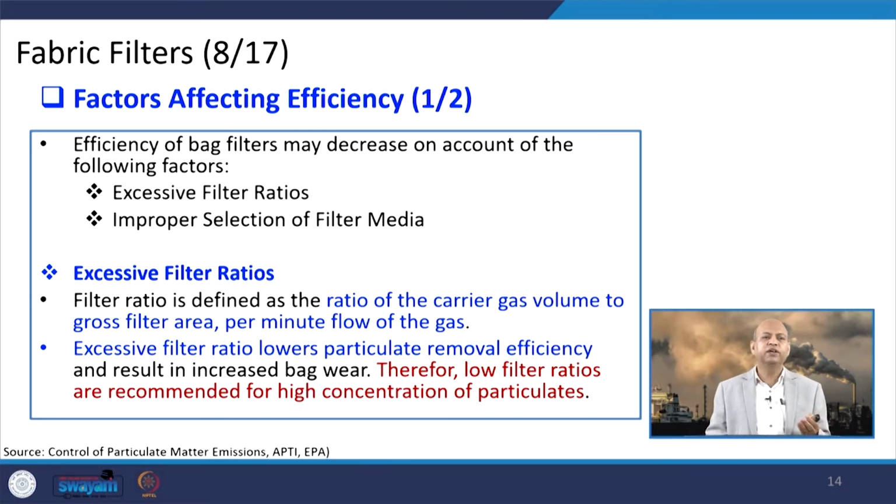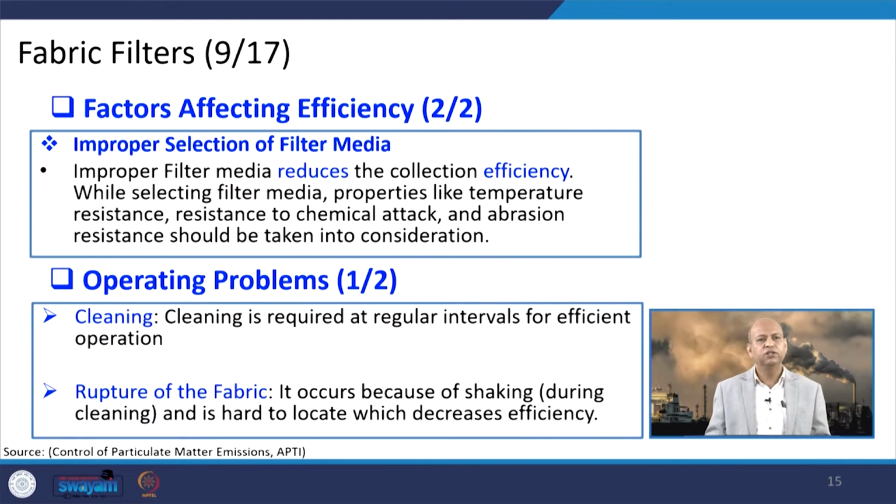When we talk about excessive filter ratios, this filter ratio is defined as carrier gas volume to the gross filter area per minute flow of the gas, and an excessive filter ratio lowers particulate removal efficiency and results in increasing the bag wear and tear. So, that way the life of the bag is also reduced. Therefore, low filter ratios are recommended for high concentrations of particulate matter to be removed.